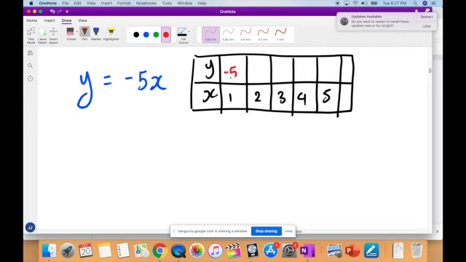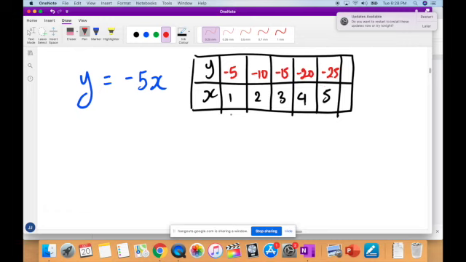Negative 5. That's 1 multiplied by negative 5. When X is 2, what is Y? Negative 10. When X is 3, what is Y? Negative 15. When X is 4, negative 20. When X is 5, negative 25.